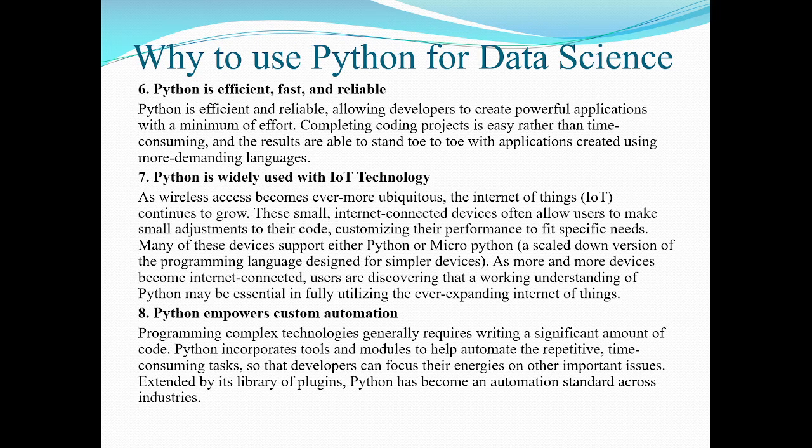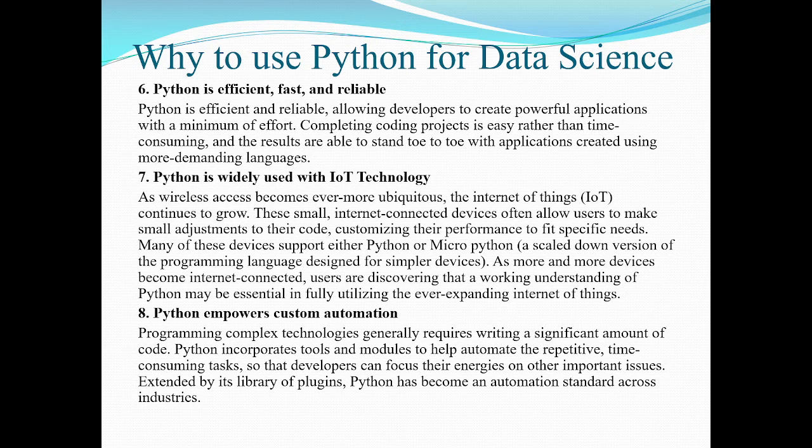Moving to the sixth characteristic, Python is efficient, fast, and reliable. Python is efficient in the sense that it uses less memory and has fast performance, and it is even reliable. Why? Because it always gives accurate solutions, allowing developers to create powerful applications with a minimum of effort.